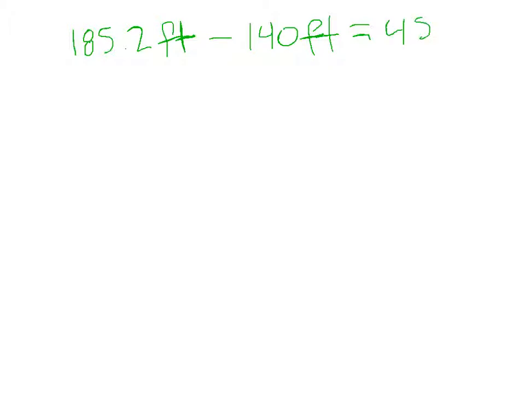Now I need to take 185.2 feet, which is the distance Sabrina would have driven if she didn't take the shortcut, and subtract the distance of the shortcut, which is 140 feet, to get 45.2 feet.